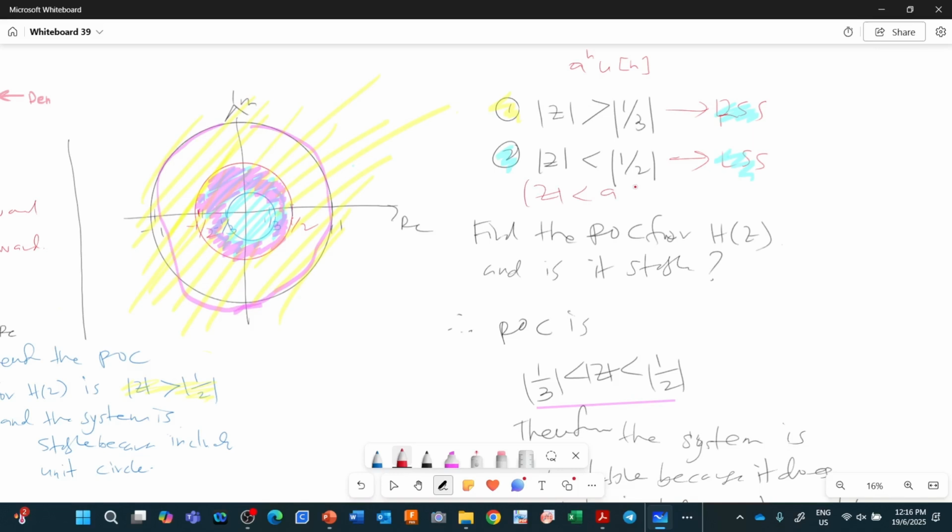So if you want to include the unit circle, then maybe the A value is 2. If the A value is 2, it is here, right? So if you draw it, does it include the unit circle? Yes. So if you want it to include the unit circle, then the A value for the left-hand side needs to be larger than 1, basically.